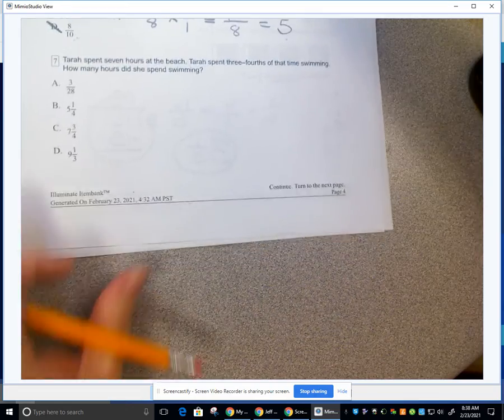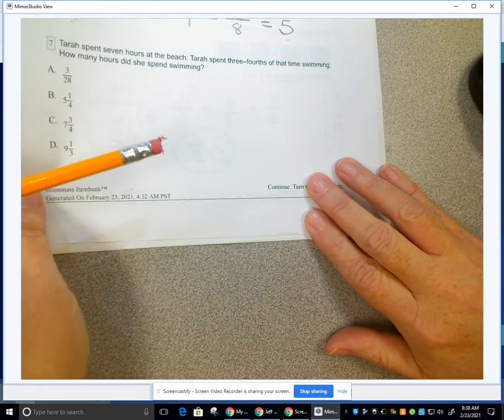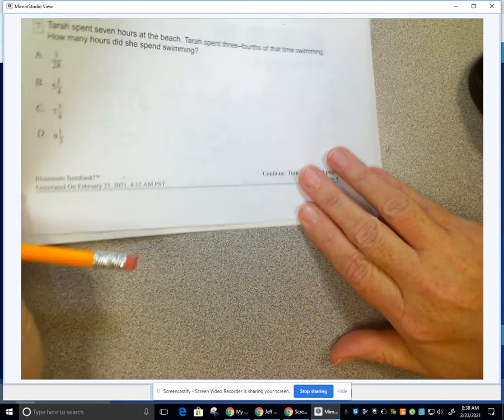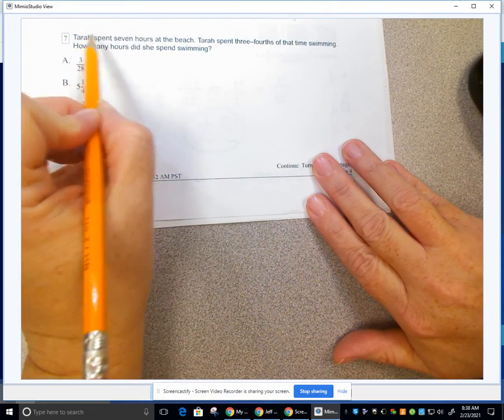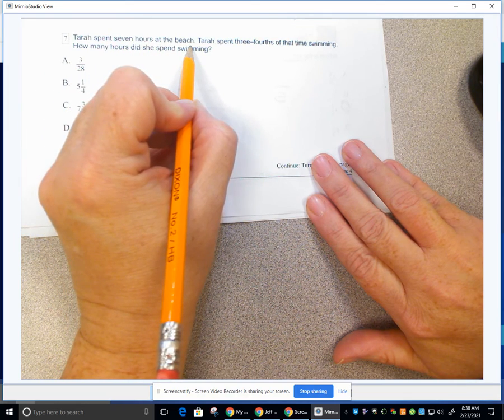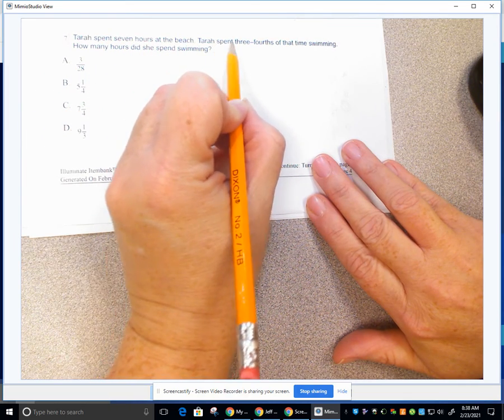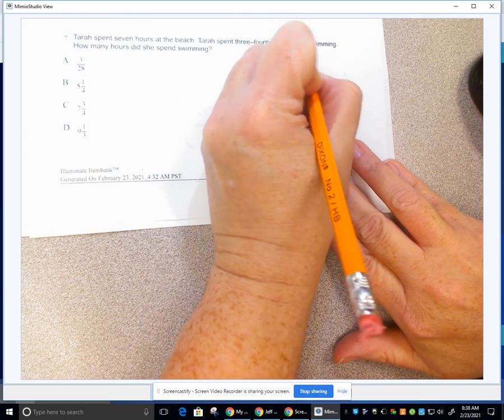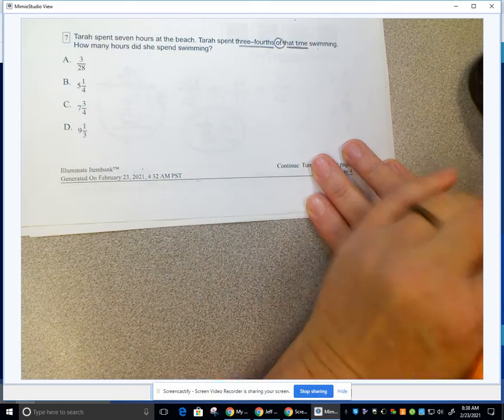Okay, number 7. Tara spent 7 hours at the beach. Tara spent 3/4 of that time swimming.